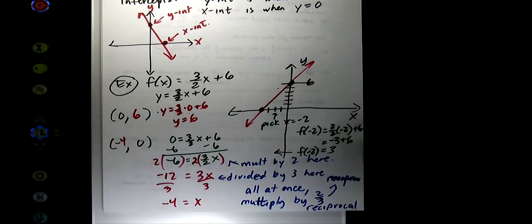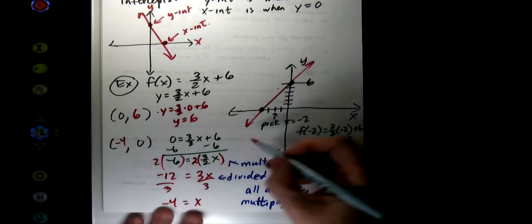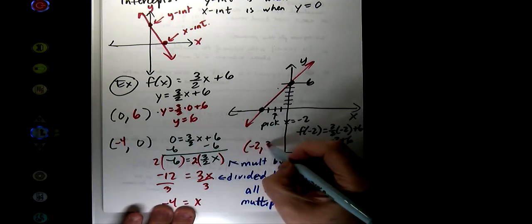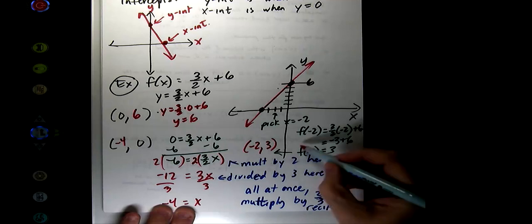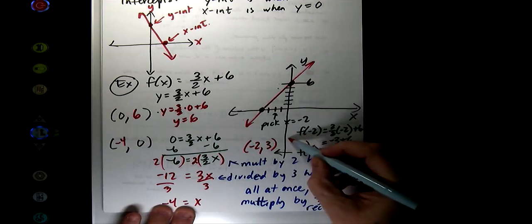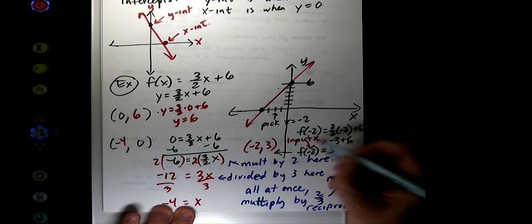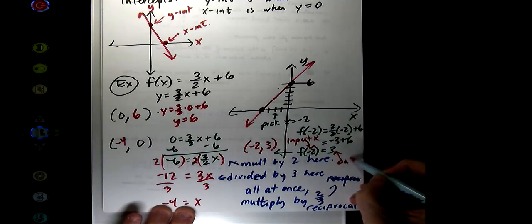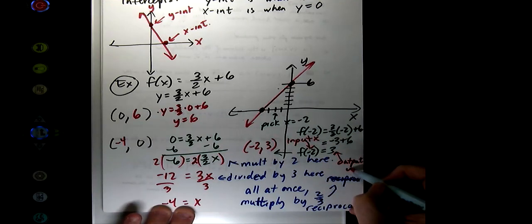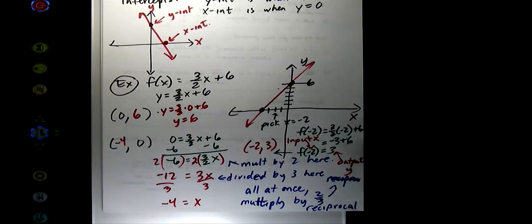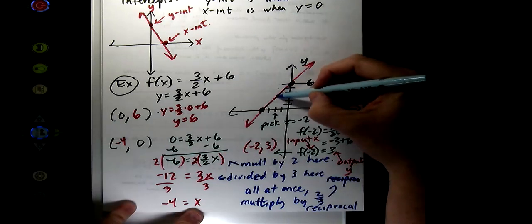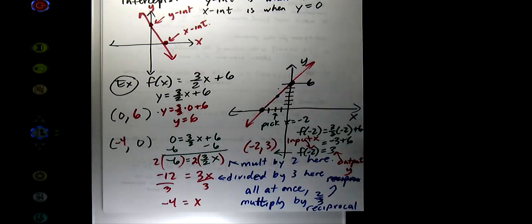This gives me the ordered pair -2, 3. Input, my x. Output, y. -2, 3 is right there and it's on the graph, so it looks like I did a good job.